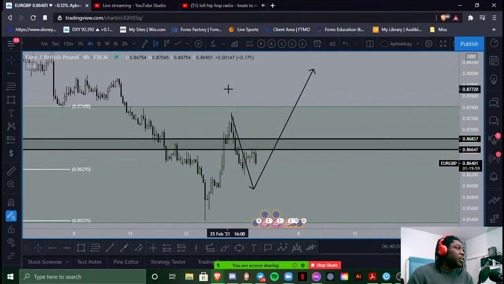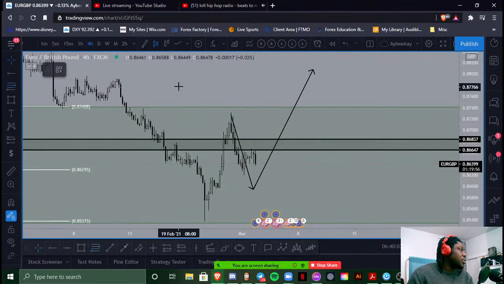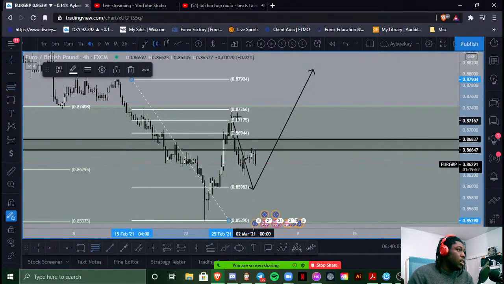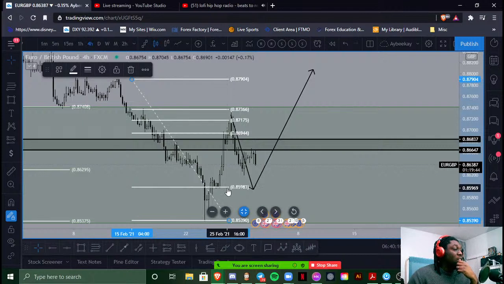If you look over here to the left, similar as with the EURAUD, it came to my 71% fib zone and dropped. I didn't even notice that until right now, to be quite honest with you. And look where I'm looking to get my entry at, 0.85983.